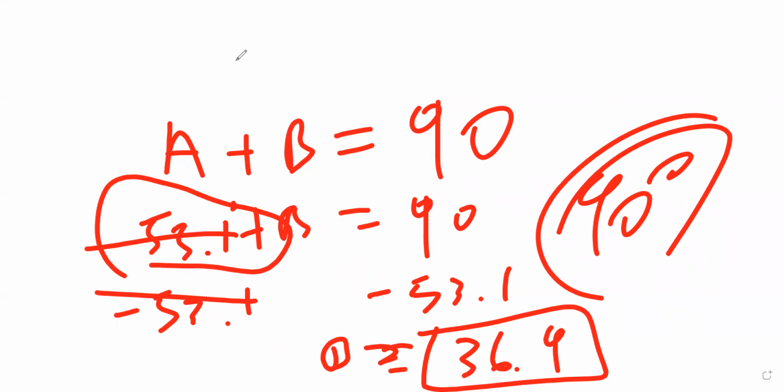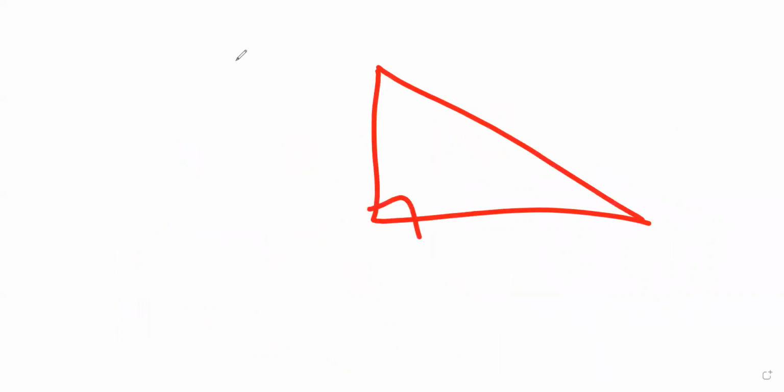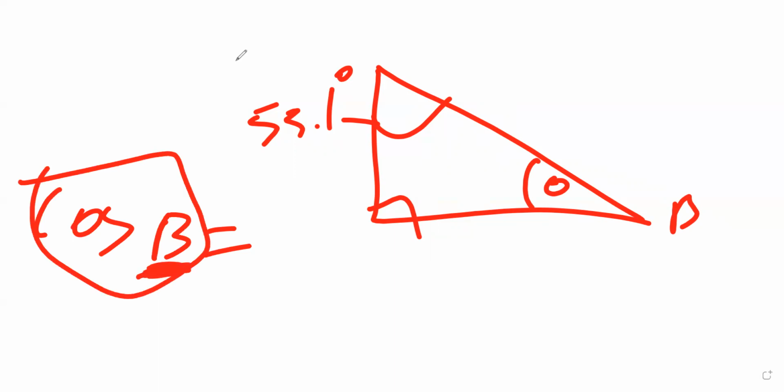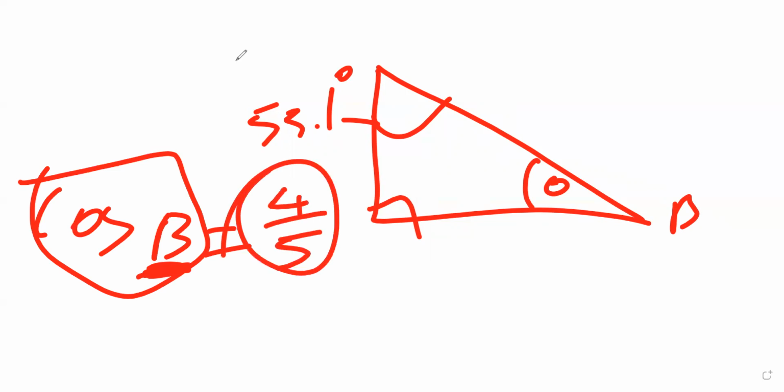Let's look at another way to find B. A is 53 point something, and let's say we don't know what B is. Another way we could find B is the same way we found A. Remember that the cos function with this angle shares the same ratio as the sine.